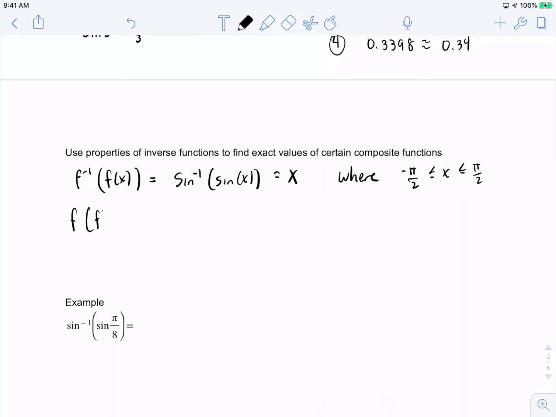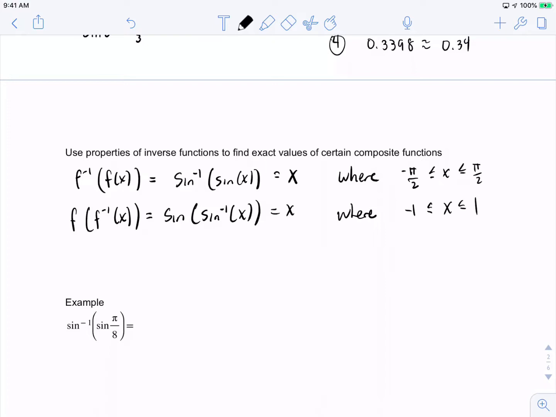If we do the function of the inverse function, then that's going to be sine of sine inverse of x, which again will be equal to x. But here the restriction is that we need to be between negative 1 and 1.